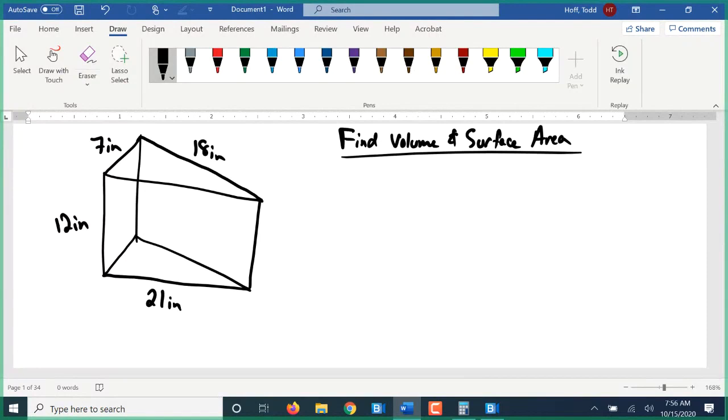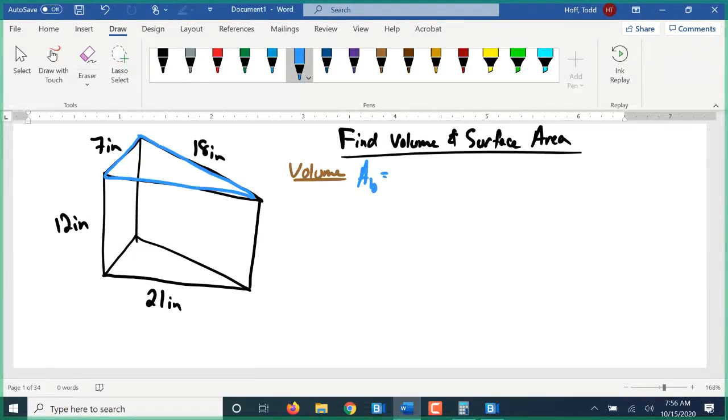Let's see how this is going. So we're going to look at the volume first. First step is to find the area of the base. Well, the base here is this triangle. That triangle does not have any right angles in it.